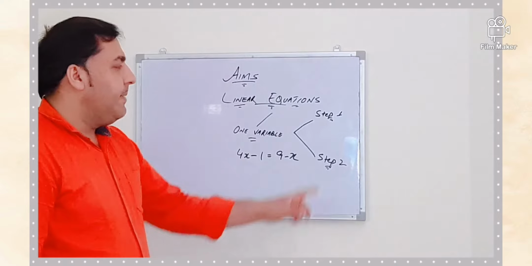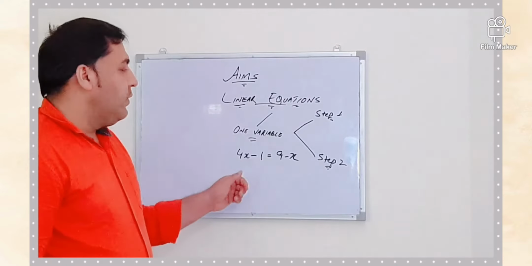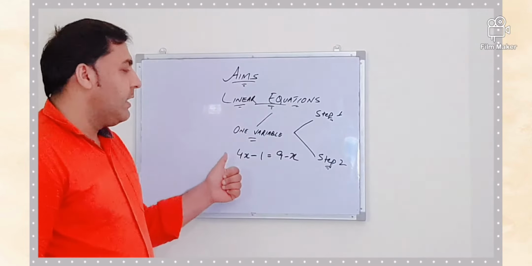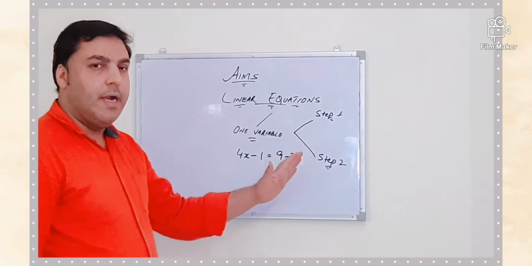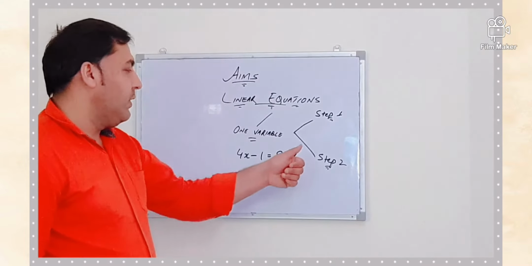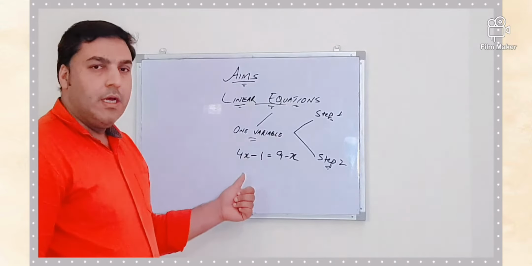So first step, try to keep or move your variable to the left hand side of the equation. It is convenient to take it on the left hand side. We can take it on the right hand side, but make it your practice to move the variable involved to the left hand side.